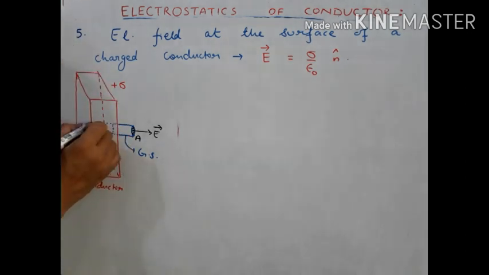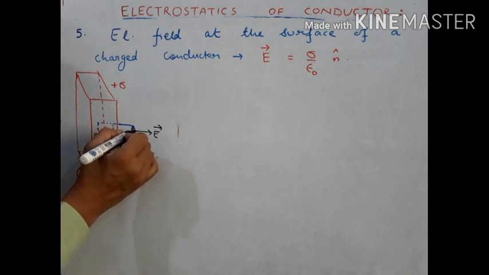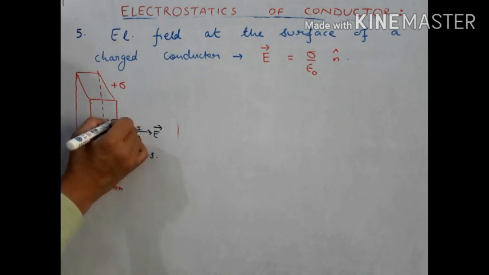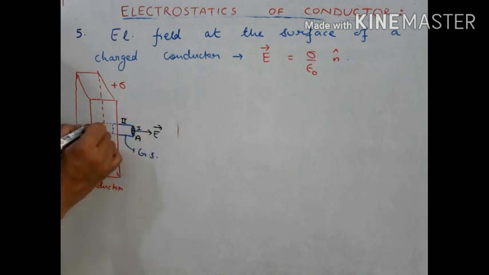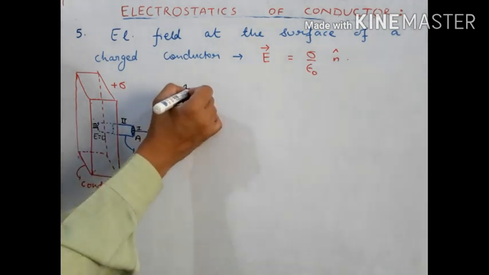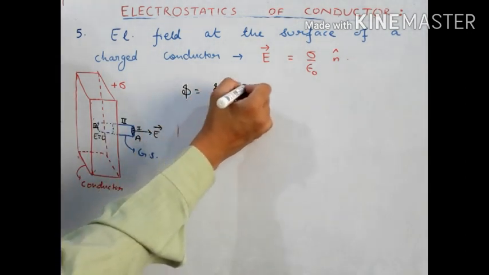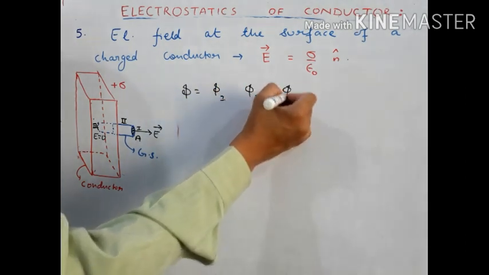Now this Gaussian surface, I can divide it into 3 parts. So this is part 1, this curved surface is part 2, and this circular base, other circular base, I'll call it as part 3. The total flux I'll divide into 3 parts, phi 1, phi 2 and phi 3.